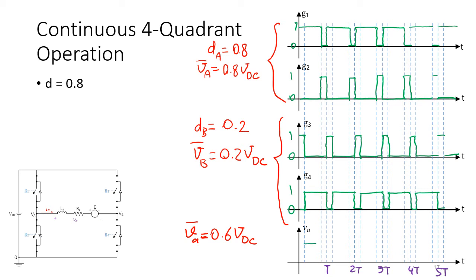So the waveform for VA will be like that, where the T on here is 0.6, the time here is 0.6 T. Now here, because D was greater than half, VA average was greater than 0.